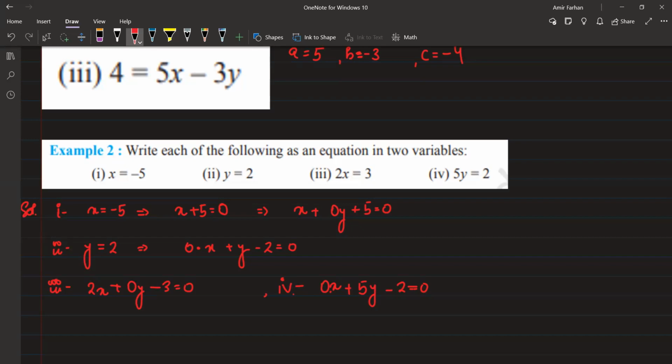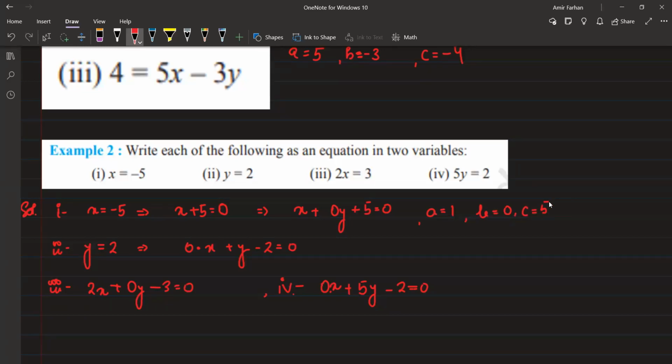The first one, just a second, let me write it here. A is equal to 1, B is 0, C is 5.